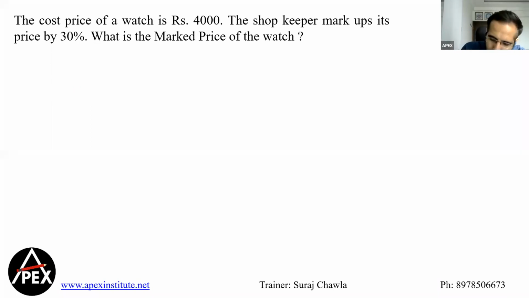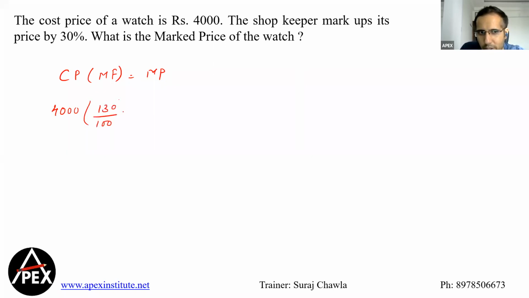Let's look at this. Now I know that we are looking at the mark price concept. So cost price into multiplying factor is equal to mark price. What is my cost price? My cost price is 4,000. With a markup of 30%, my multiplying factor becomes 130/100, and this is equal to mark price.